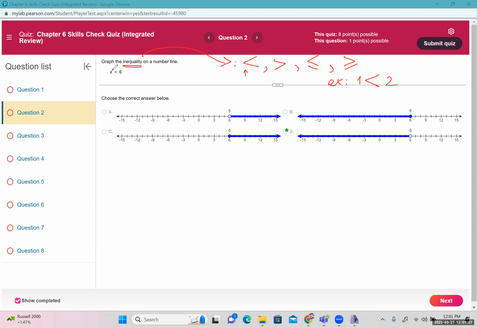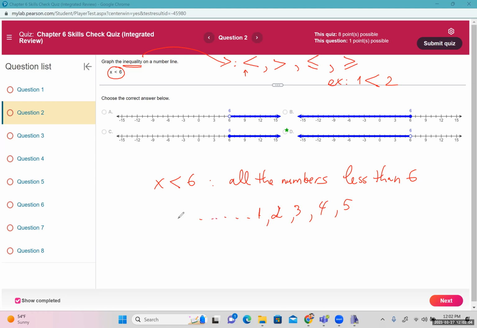So it says x less than 6, right? We mean all the numbers, because we don't know what x is. We're gonna say all the numbers less than 6. So it could be like 5, 4, 3, 2, 1, and so on to the negative.